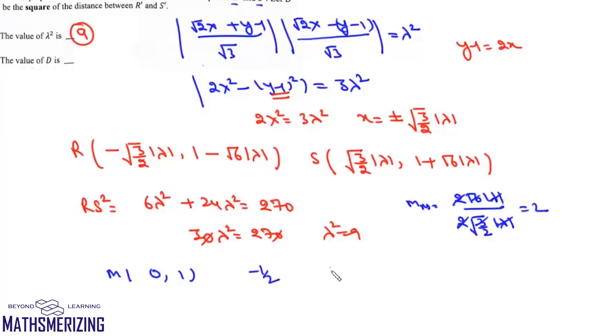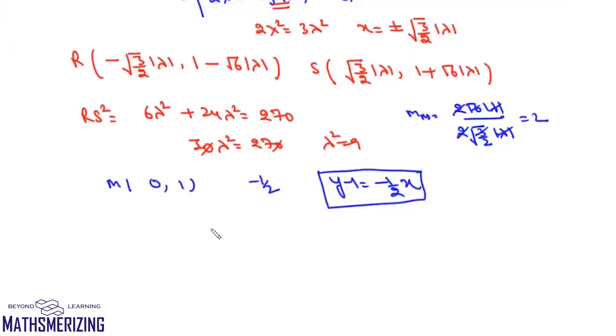So the equation of this line will be y − 1 = −x/2. Now we need to find its point of intersection with this curve when the value of λ² is 9. So this curve is actually |2x² − (y − 1)²| = 27.